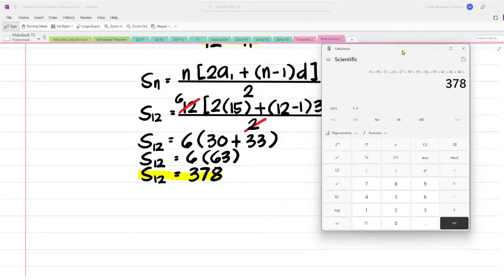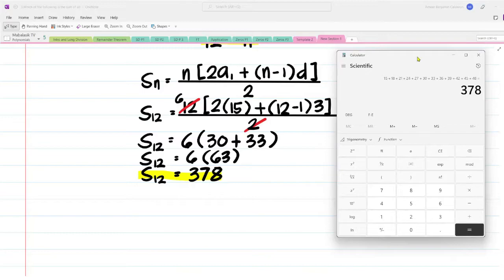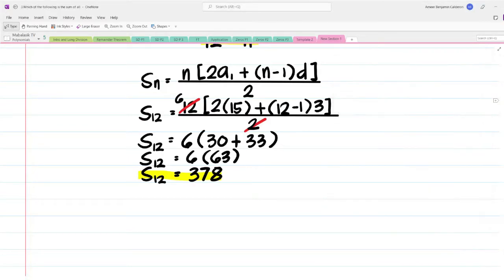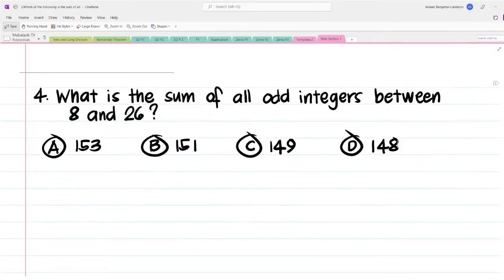So whichever method do you prefer, it's up to you. For as long as you get the correct answer, it's fine with me. Let's proceed to number 4.